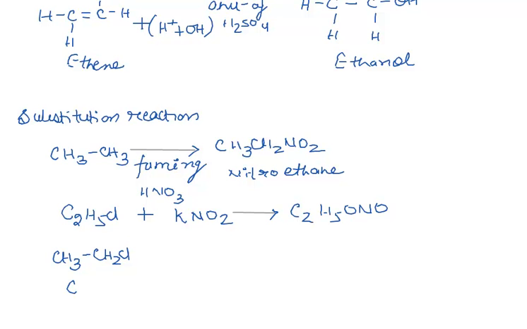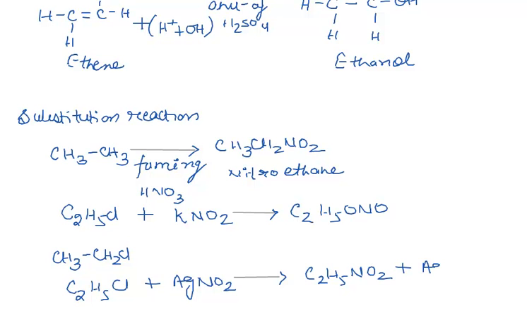Likewise, if I am treating this ethyl chloride with silver nitrite, what would be the product formed here? It would be nitroethane, that is C2H5NO2. Again, what is happening here?